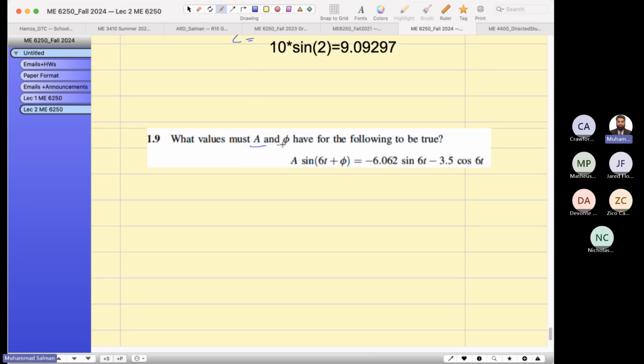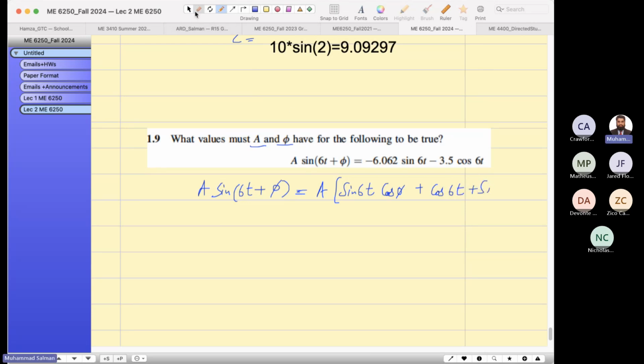What values of a and phi have for the following to be true? So what you have to do is use the trig identity: a sine(60 plus phi) equals a sine alpha cosine phi plus cosine alpha sine phi.